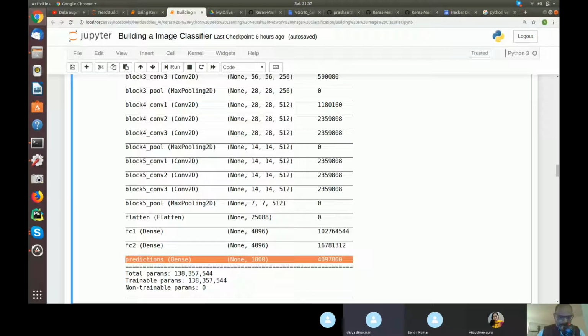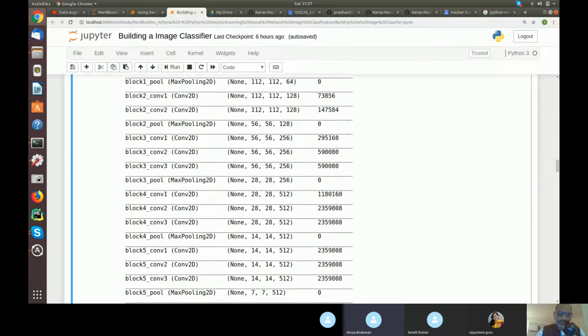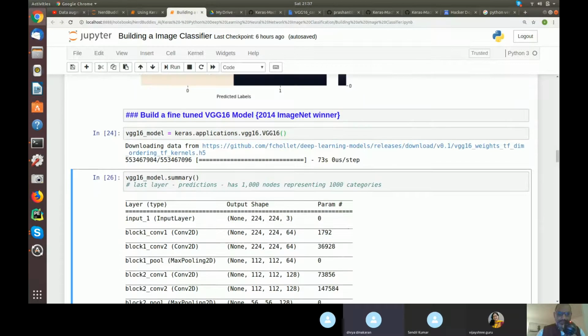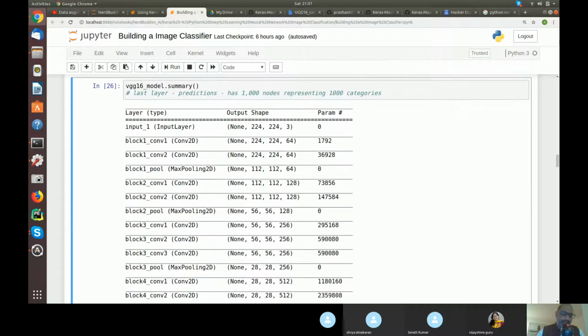Yes. Awesome. How do you know there is a cat and a dog in the images for the VGG16? Sorry, please say that again. How do you know there's a cat and a dog in the images for the VGG16? So right now, I don't know what the 1,000 categories are. I'm assuming cats and dogs are not in them.